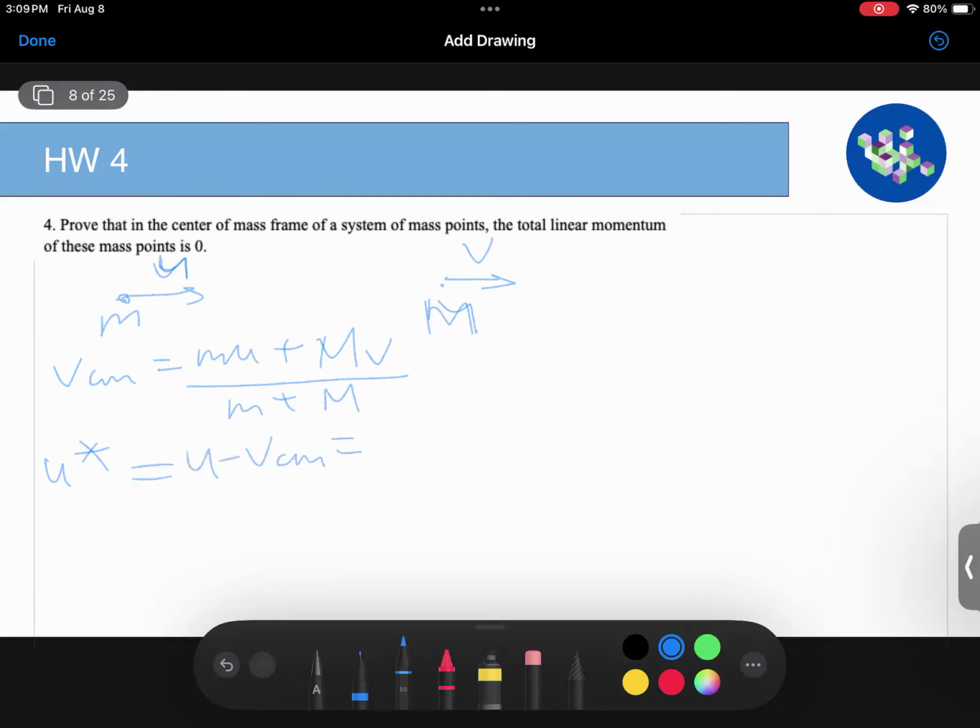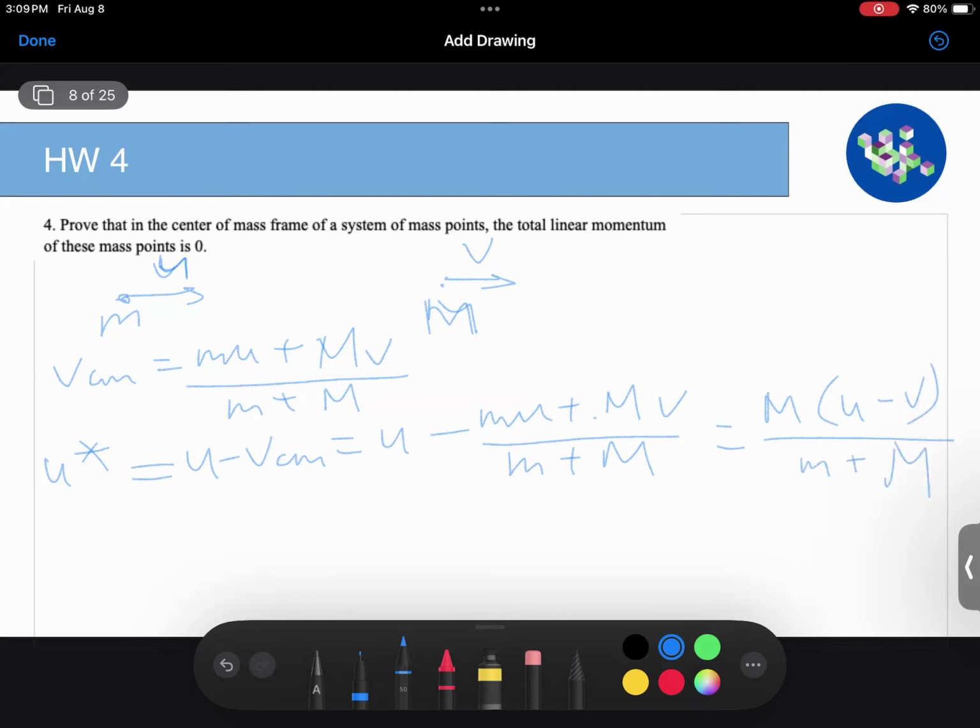That equals, once we do the algebra, u minus (mu plus MV) over (m plus M), which should equal M times (u minus v) over (m plus M).